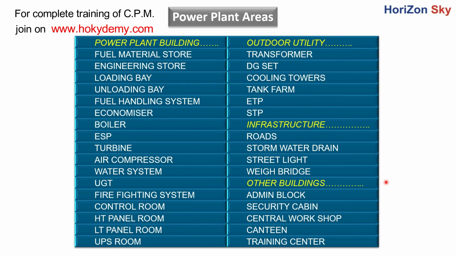In this central workshop, different kinds of tests are done, wherein different kinds of processes are always being played around with in order to increase the efficiency if we can. Then we have the canteen, and finally we have the training center. Power plant is a mecca for all the electrical engineers as well as mechanical engineers.